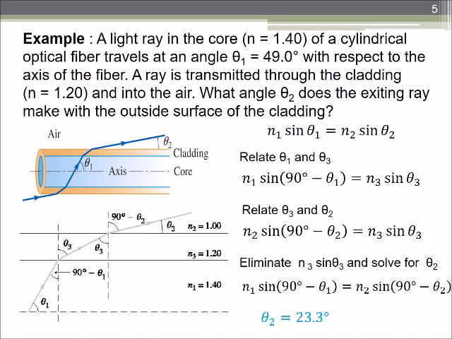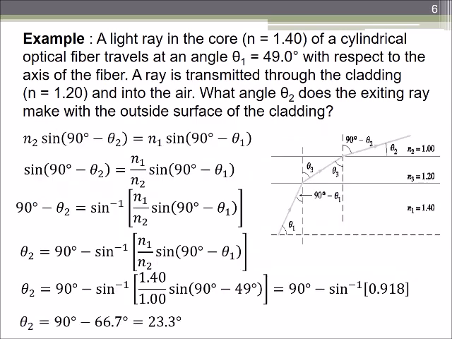So here's that nicely written out, and then here's the algebra to take that equation that we just found. And you can see now why we had n3: it gets eliminated from the problem, and we can simply start with theta 1 and theta 2, and we get that theta 2 is equal to 23.3 degrees.